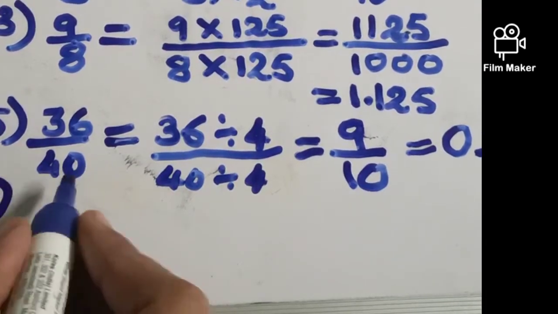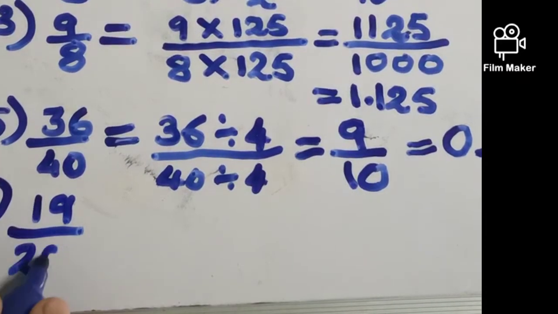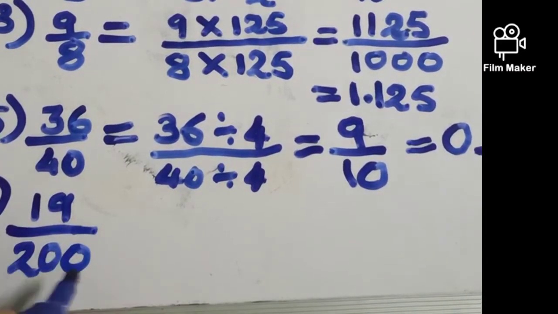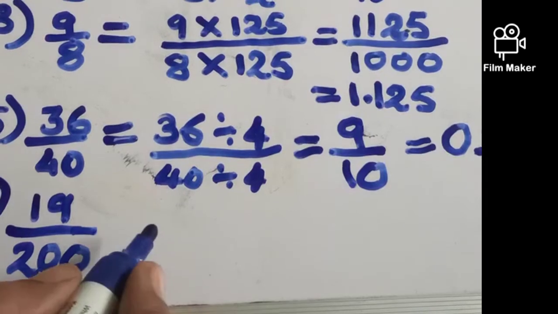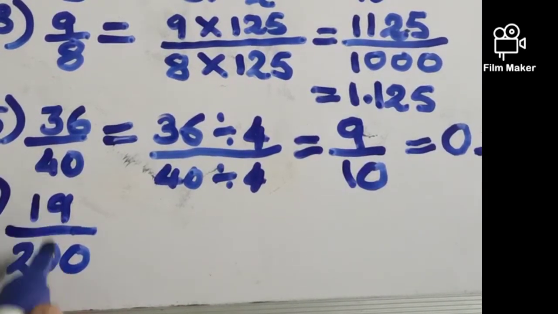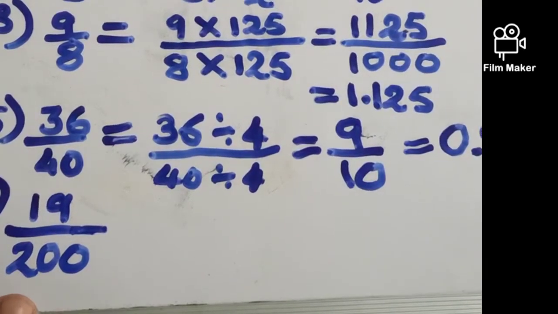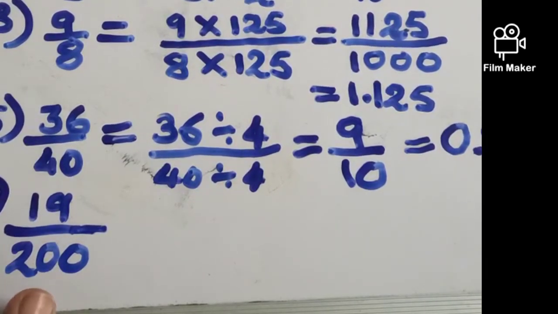Correct now? 19 upon 200. So here also 200, one of the denominators is 100. So can we divide it? No. Why? Because they are not in the same table. 19 is a prime number. So we cannot make it 10 or 100. We can make it 1000 by multiplying with 5.